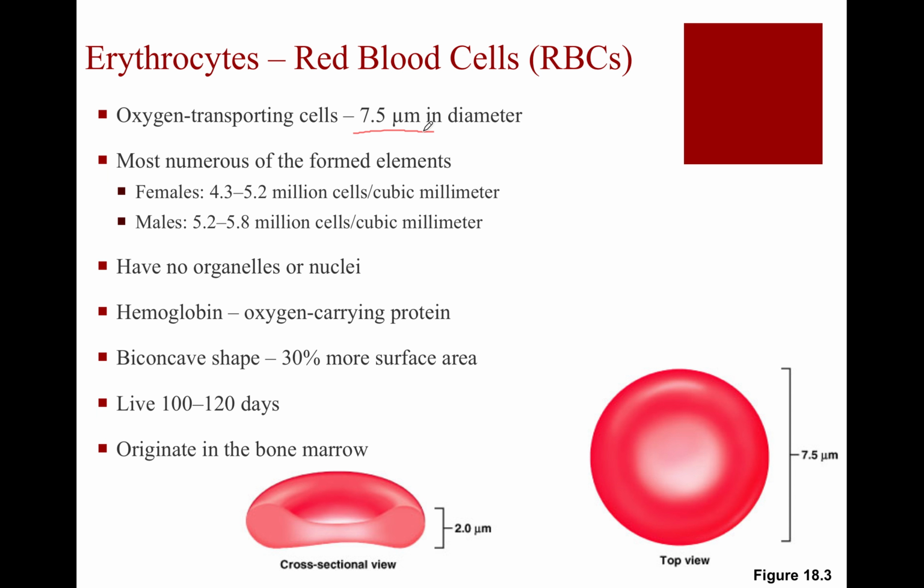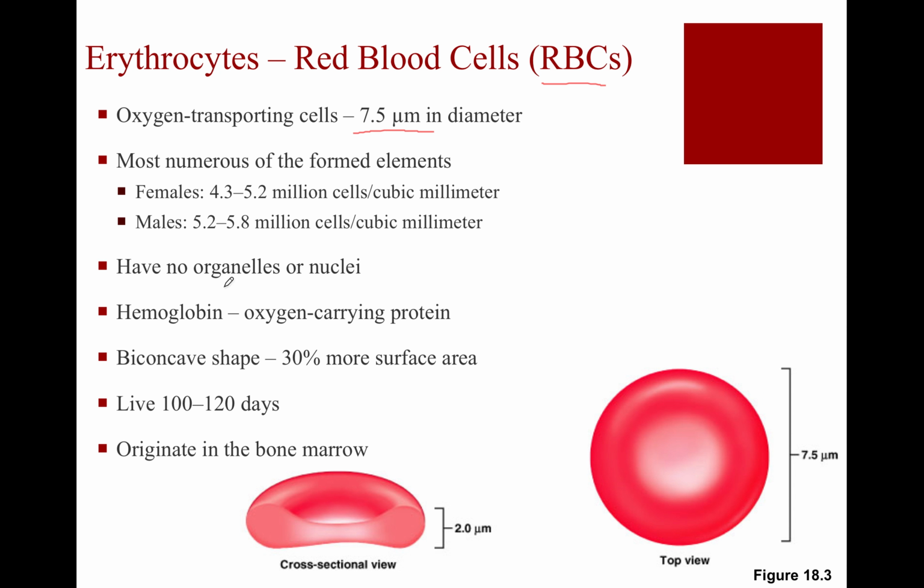Think about your capillaries as a road that is one lane and allows one car to pass at a time. Your cars in this case would be your red blood cells. Again, since we talked about this earlier, males will have a higher concentration of red blood cells compared to females because of the higher muscle mass.